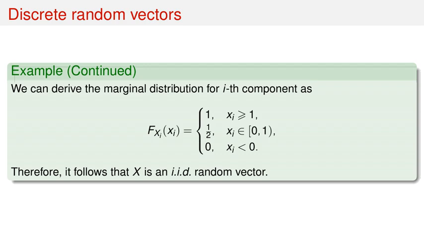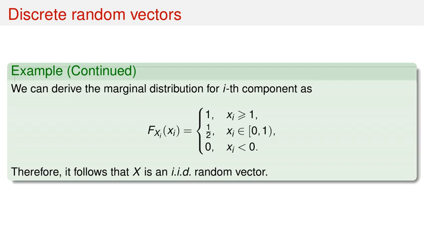Continuing the example of discrete random vectors for multiple coin tosses, we can derive the marginal distribution for the ith component X_i. F_{X_i}(x_i) is 1 if x_i is greater than or equal to 1, 1/2 if x_i is in the interval [0, 1), including 0 but not 1, and 0 if x_i is less than 0.